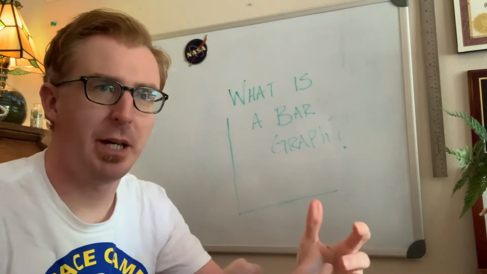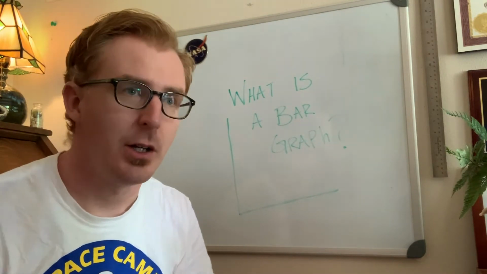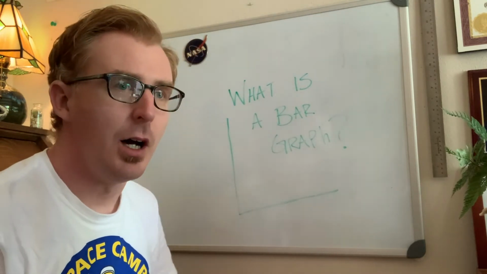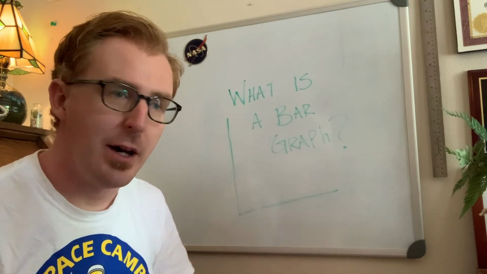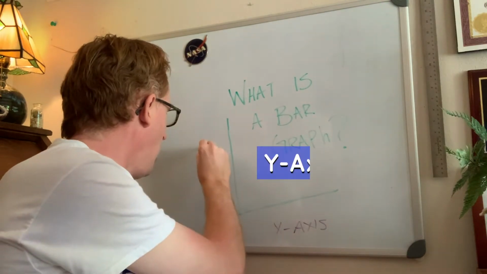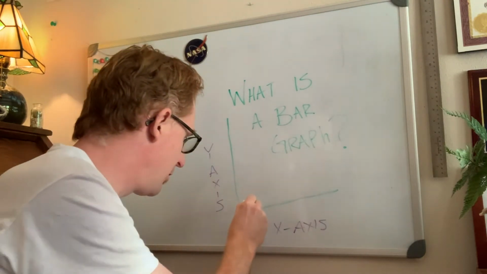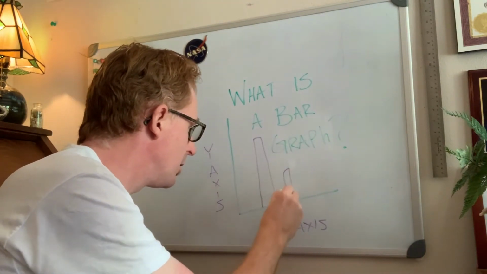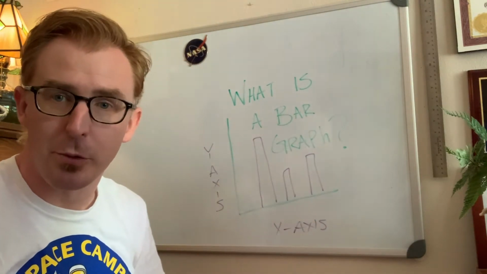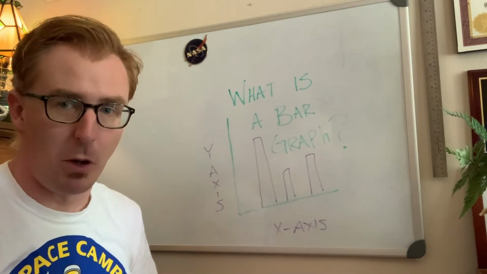Now, a bar graph is a picture display of data using bars of different heights or lengths to show relative sizes or amounts of something at a glance. So with this, you have along your x-axis and y-axis representations of bars, and with the increased height of a bar that represents a larger amount versus a smaller bar, a smaller amount.